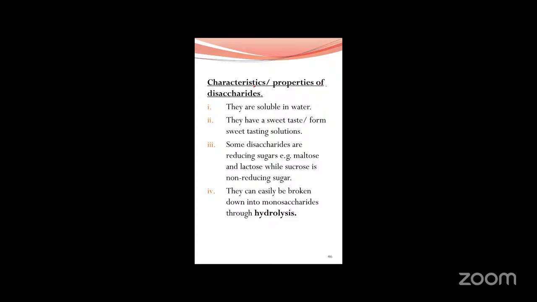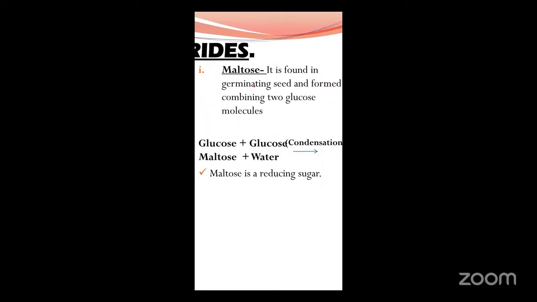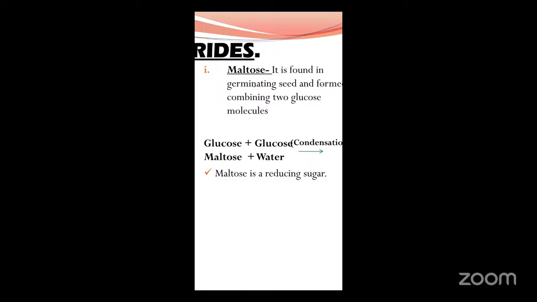So therefore, we say that the three major characteristics of disaccharides are they are soluble in water, they have a sweet taste or they form sweet tasting solutions, and they can easily be broken down into monosaccharides. What does that mean? That means with us here, we have, for example, a disaccharide maltose. Maltose is made of glucose.